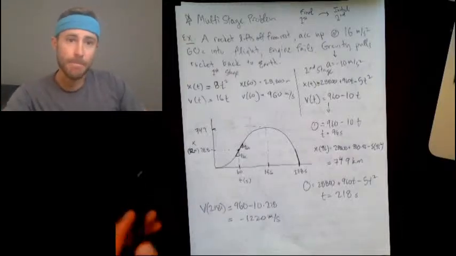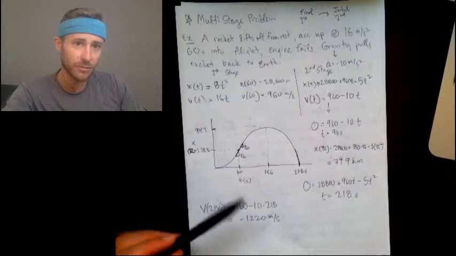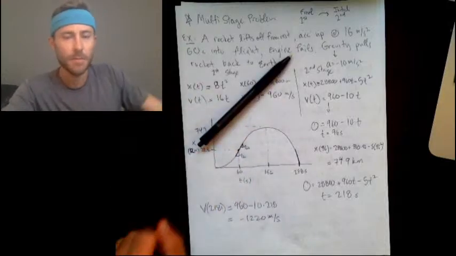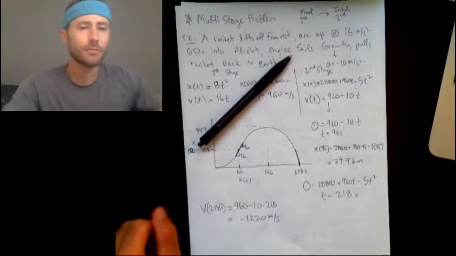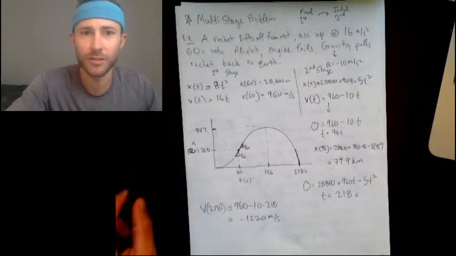Okay? That's really fast. That does not take into account air resistance, so that's probably not terribly realistic. Now, one of the things that I think is interesting about this problem, and this is going to be a little bit depressing perhaps.